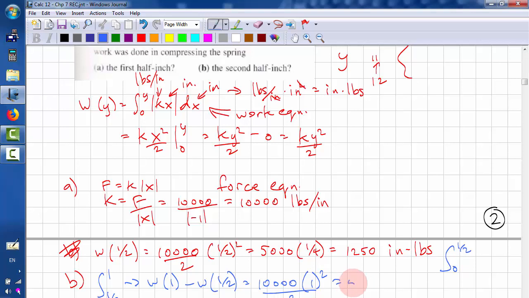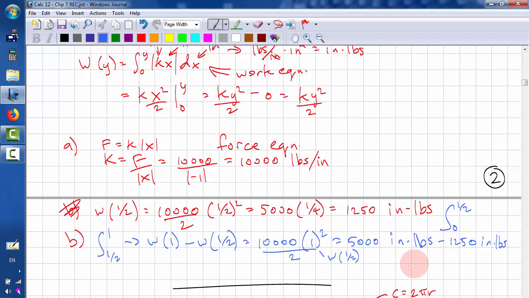So that's 5,000 inch pounds. And sorry, we have a minus W of 1/2. And that's minus 1250 inch pounds. So our answer is 3750 inch pounds.